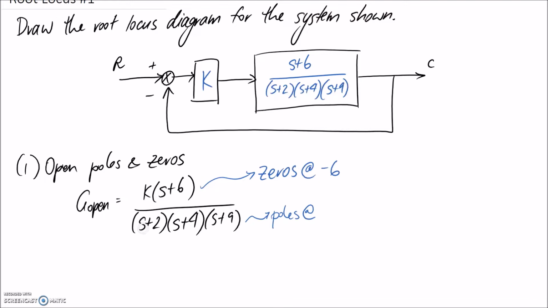If S is equal to -2, this bracket goes to 0, so therefore the whole thing does. If S goes to -4, we have the same situation, and here it happens if S goes to -9. So we've got 1 zero and 3 open loop poles.